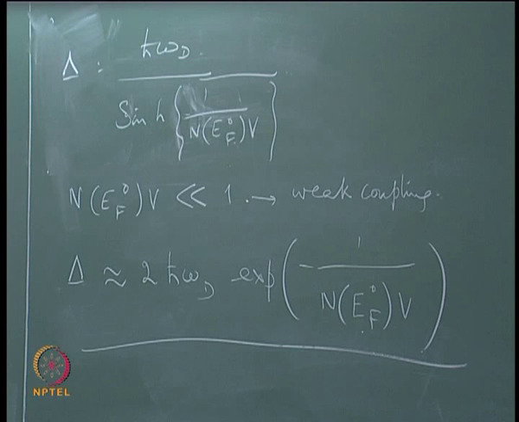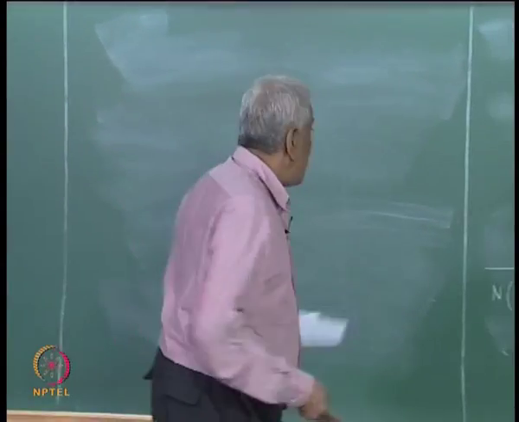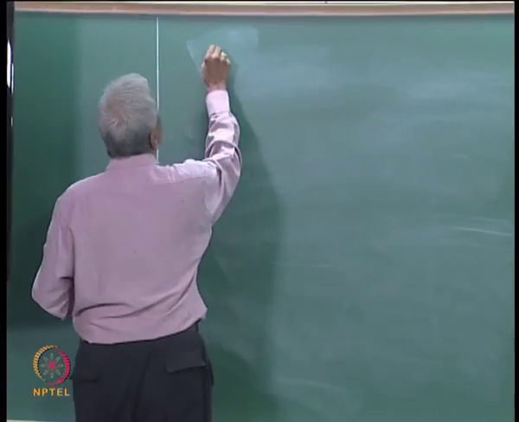We have so far discussed the BCS superconductor and its behavior at absolute 0, but what is of real importance is what happens at finite temperatures.